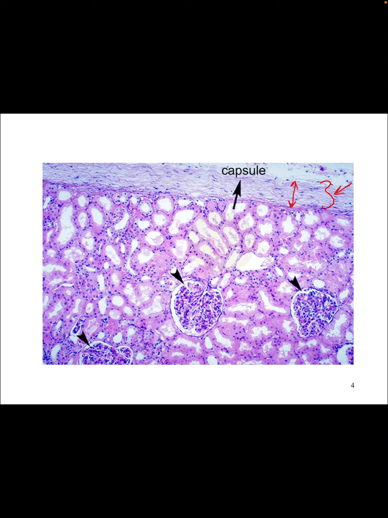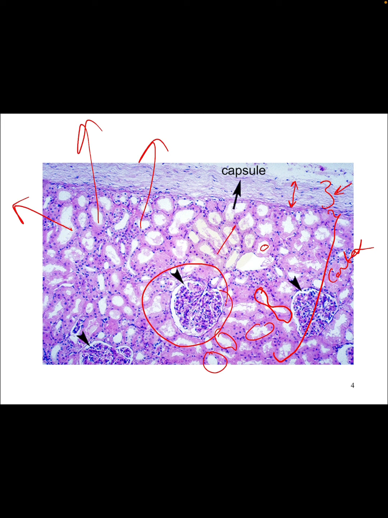This prevents the expansion of the kidney during inflammation, which would result in increased pressure in the tubules inside. The area just below the capsule is called the cortex, and it contains these tubules, all that we can see inside the kidney, and also we have this structure.